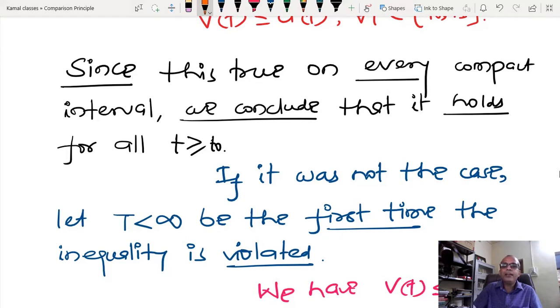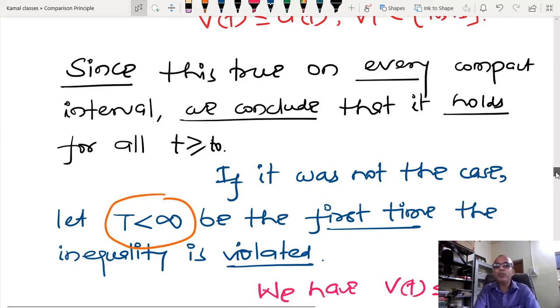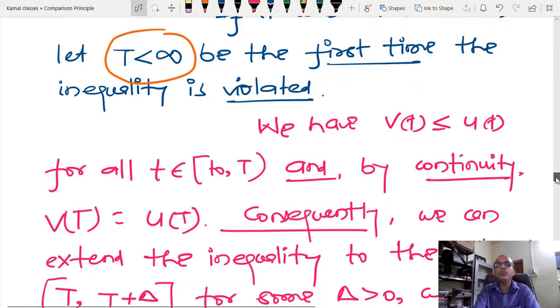It is possible to show that if this inequality is violated at some time less than infinity, then only that solution cannot extend to infinity. People prove it this way: first they establish the result between t0 and t, and after that they ask what happens if we extend t to infinity.